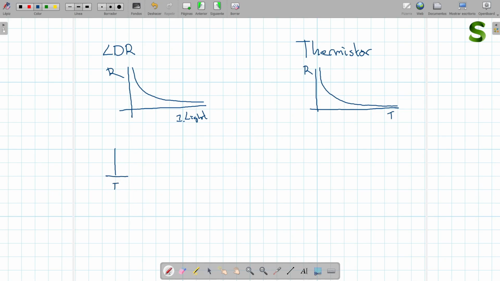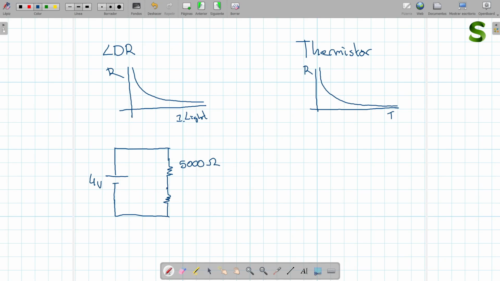So imagine we have here 4 volts. The numbers are completely invented. And imagine we're going to put the LDR here at the bottom, and then here at the top, we'll put a resistance of 5K, or 5,000 ohms.